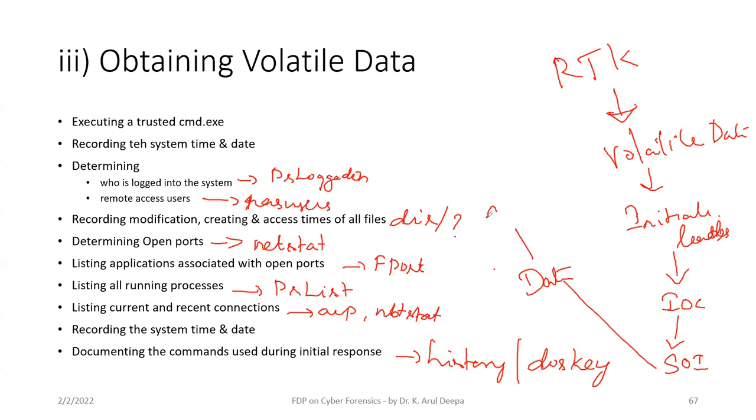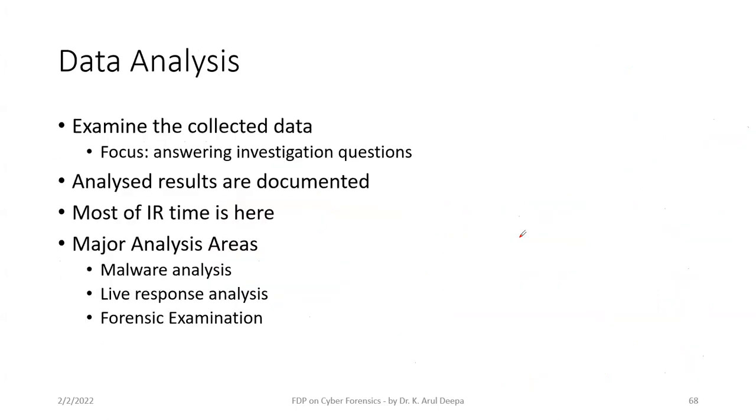Then data has to be converted into evidence. From the data, you need to analyze and discover electronic evidence. That is the process chain. So now here we are discussing data analysis.